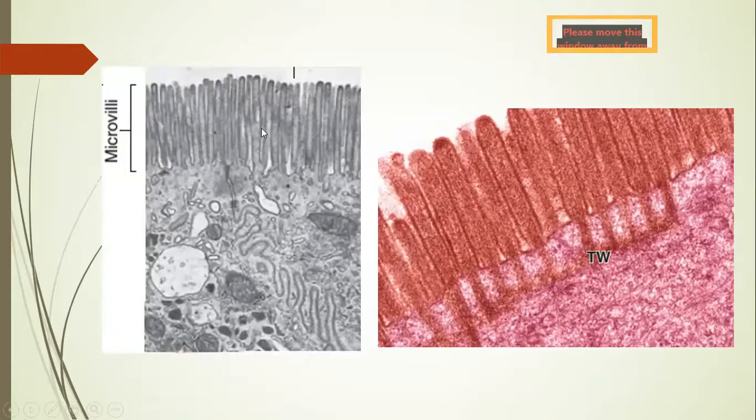In this image, on the left side, we have a photo taken by transmission electron microscope showing the microvilli on the apical surface of the absorptive intestinal cells. On the right side, we have a histological section showing the microvilli with light microscopy.